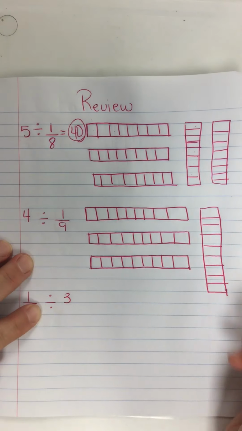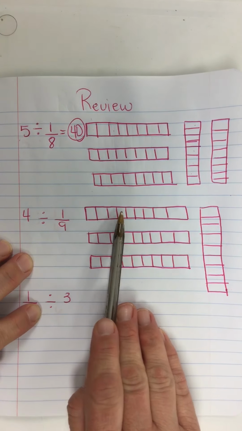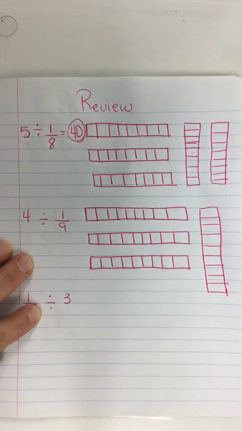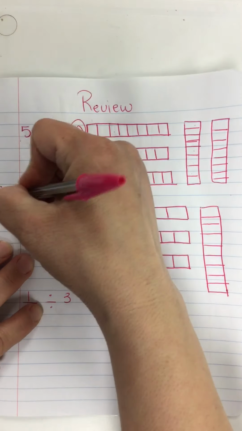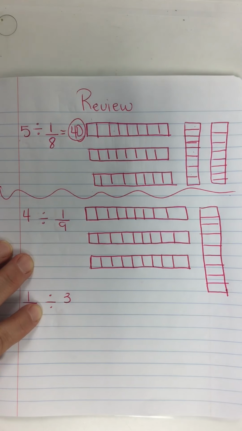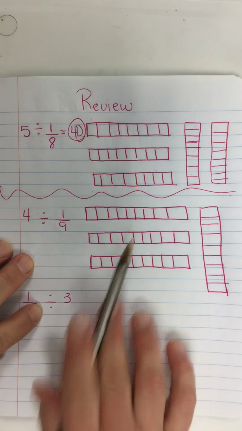Okay, so 1, 2, 3, 4, 5, 6, 7, 8, 9 pieces. So I have 4 models, and each model is broken into 9 pieces.